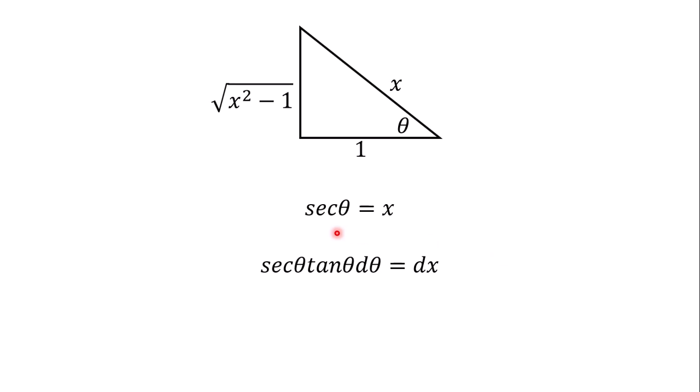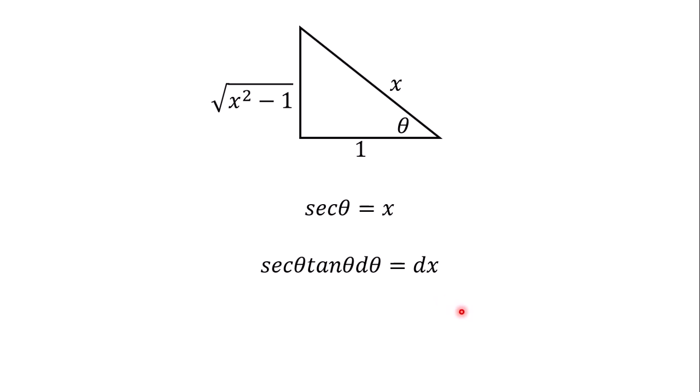We are going to put x equal to secant theta into the integral of square root of x squared minus 1, and then we solve it bit by bit, so that we will know how each answer is arrived at.